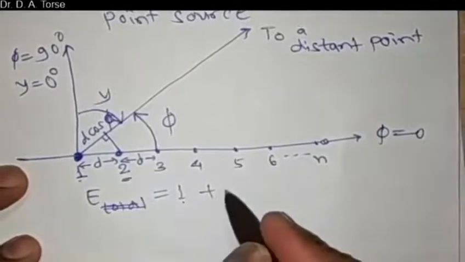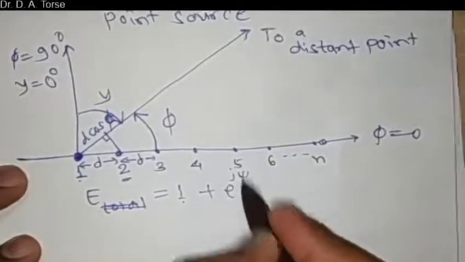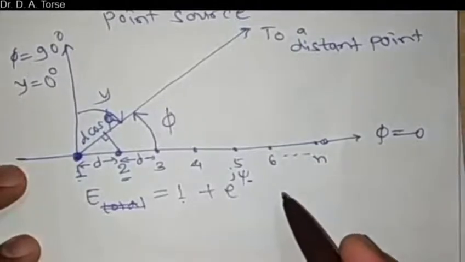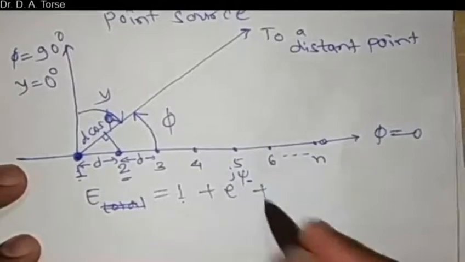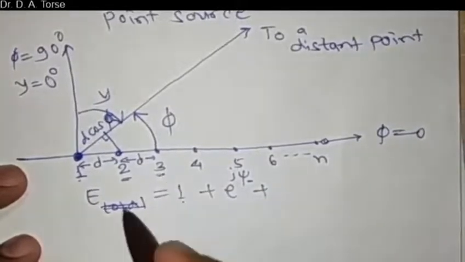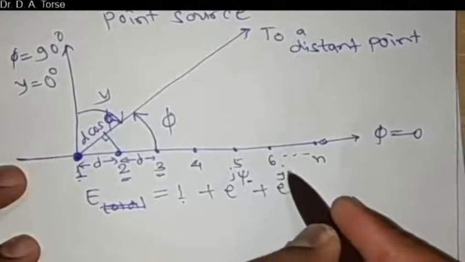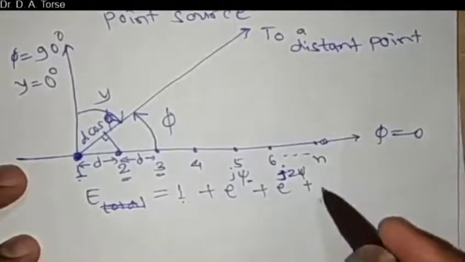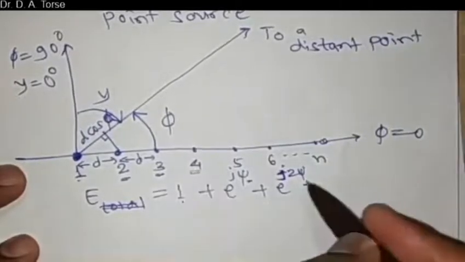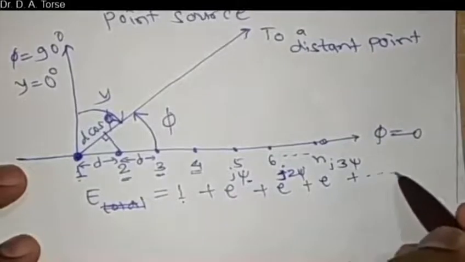For the second point source, the term of field radiated is e to the power j psi. I'll tell you what the psi angle is once I write this equation. For the third source, it is e to the power j 2 psi, plus the fourth e to the power j 3 psi, and so on.